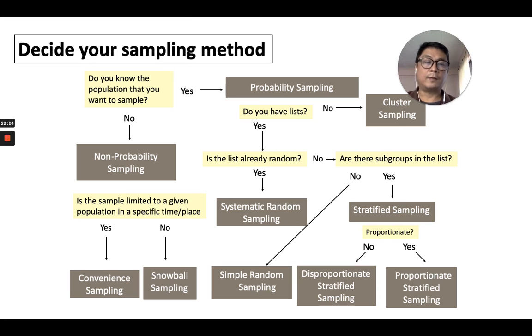Okay. If not, if you're not limited to a specific time and place, then you could do snowball sampling. Okay, and then the last question is, are you interested in specific characteristics or traits of your subjects that cannot be randomly found or determined? Then you can do purposive sampling.